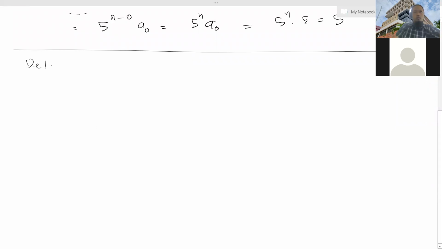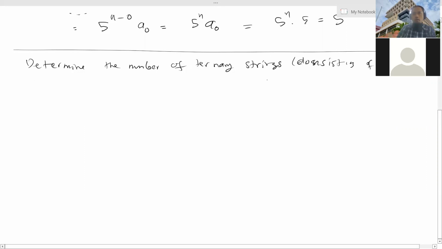So determine the number of ternary strings, consisting of the digits 0, 1, and 2, right? Now, the number of ternary strings of length n that contains 0, 1.